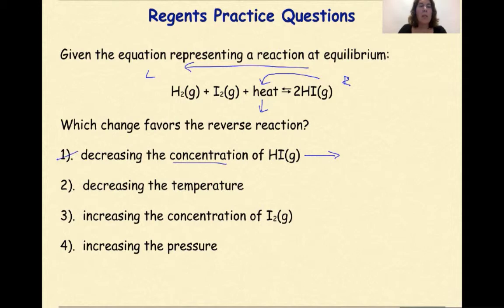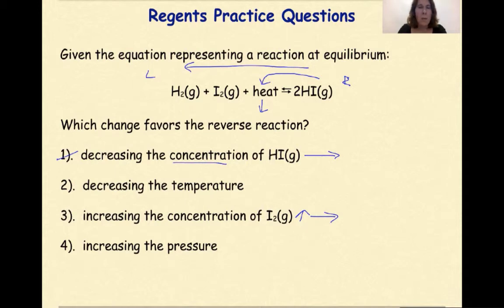So 2 is a potential, but let's look at the other ones just in case. Increasing the concentration of I2. If we increase the concentration of I2, that's going to make more reactants, and it's going to shift the point of equilibrium to producing more products, so that's not going to make it go in reverse.